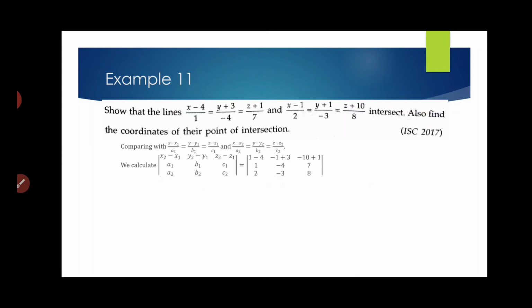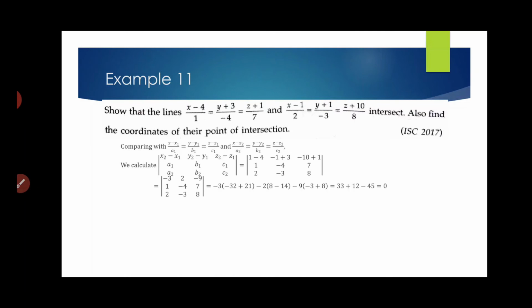After identifying that, we know that this determinant should be 0. So let us check if it is coming out to be 0 or not. And exactly, this determinant comes out to be 0, and hence we can say that the lines intersect.